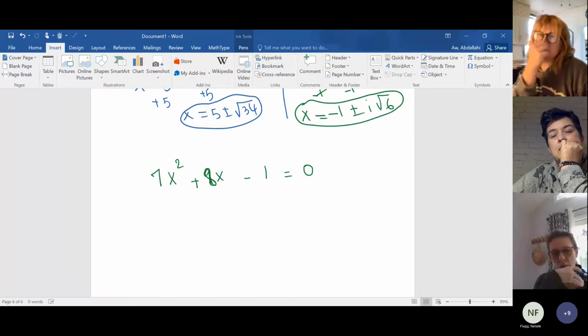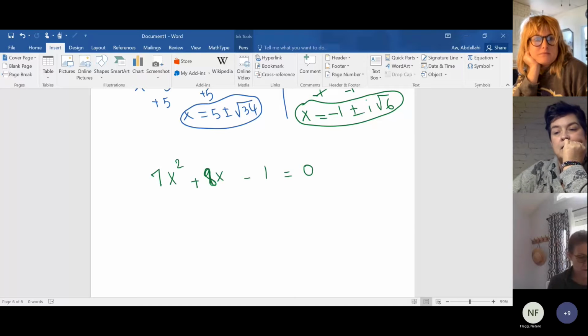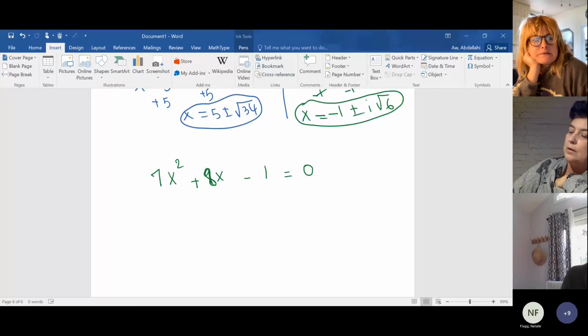If I want to complete a perfect square and I leave it like this, adding 16 does not work. That would only work if the 7 was not there. So I have to get rid of the 7 to apply this method, and the only way is to divide everything by 7.